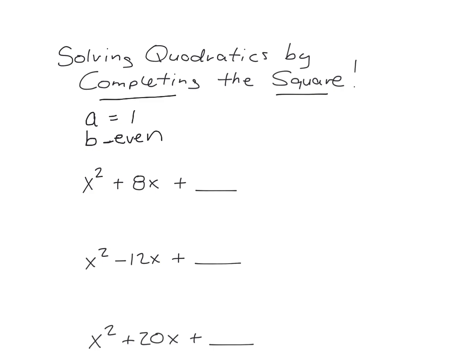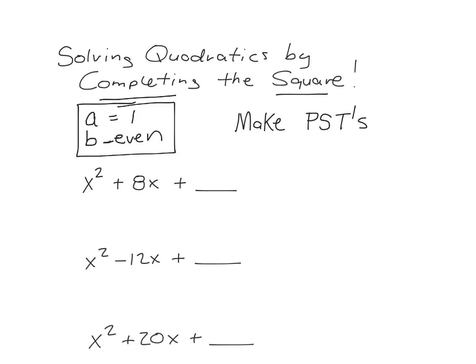This is a method you're not going to use a lot, but it is pretty easy when a is 1 and b is even. All right, so first of all, today we're just going to talk about what it means to complete the square. What we're going to do basically is make PSTs, which are perfect square trinomials that factor very easily.